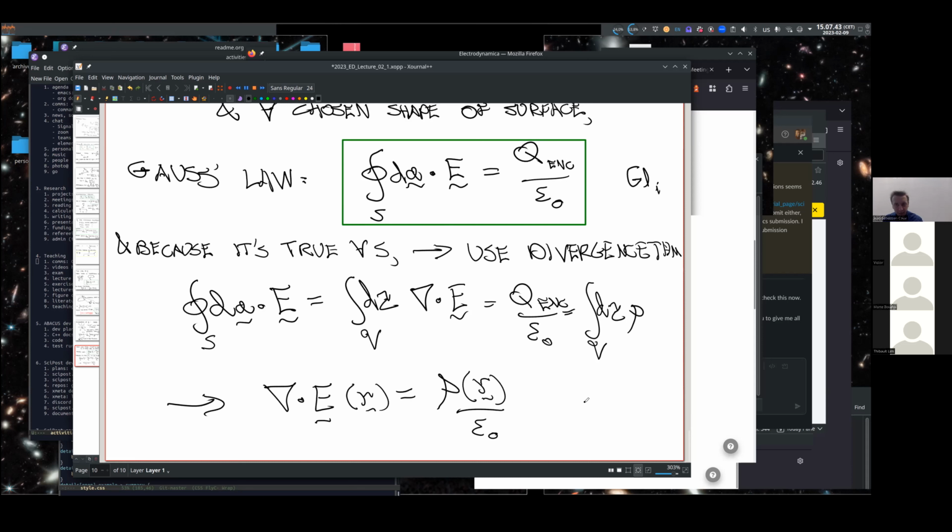Okay, and this is Gauss's law in differential form. Green rectangle. I should move it up a bit.